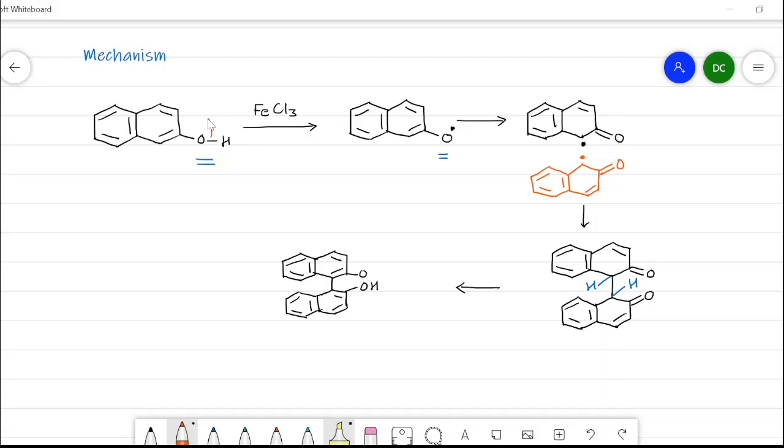One electron shifts to the oxygen and another electron shifts to the hydrogen. This hydrogen combines with the Cl, so that HCl is removed and the remaining is FeCl2. Now the valency of iron changes here: FeCl3 is converted into FeCl2.